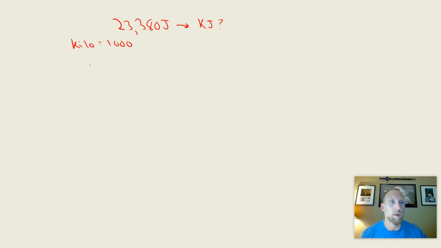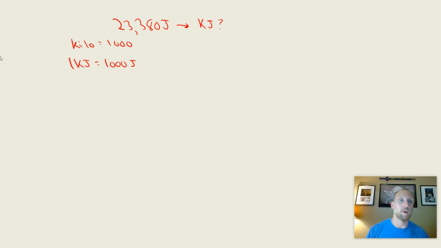No matter what, kilo means 1,000. There could be a different unit, but the good thing about the metric system is that kilo always means the same thing. So 1 kilojoule is equal to 1,000 joules. Look, 3 zeros. Most of the common units in science, you move 3 decimal places. They go in packets of 3 decimal places.